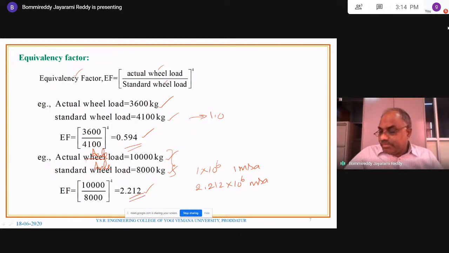When a load of 10,000 kg passes on a highway, it does 2.212 times the damage of the standard axle load of 8,000 kg. That is the meaning of equivalency factor, or EALF.